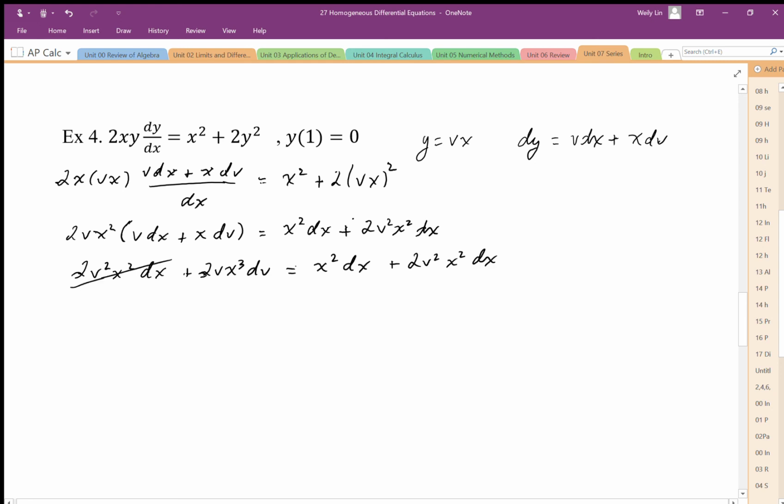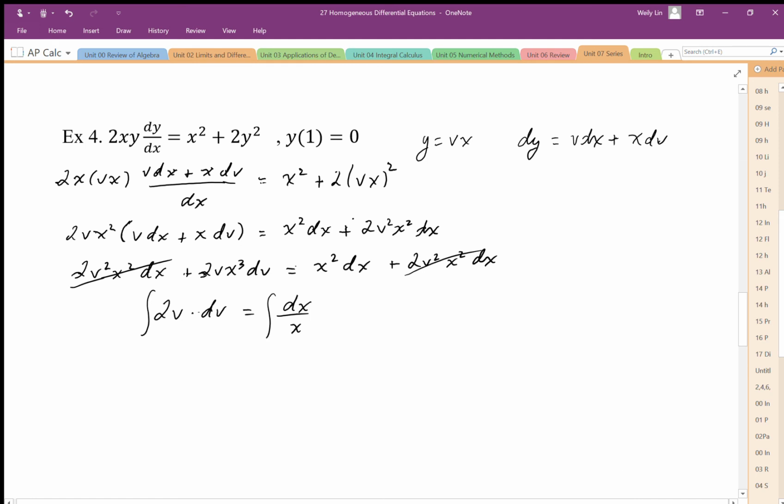And we can cancel out these two terms, and then now we have a separable differential equation here. I'll just write it in one more line. Okay, so before I do that, I'm going to actually put the x over there. So 2v dv is equal to dx over x when we cancel out the powers here.